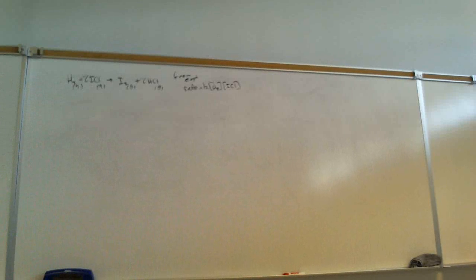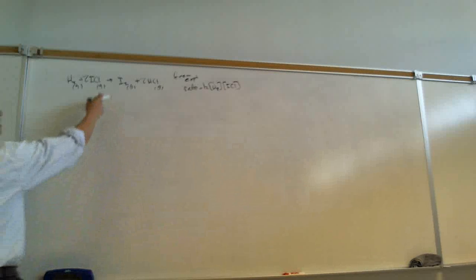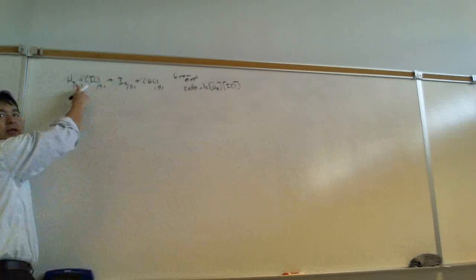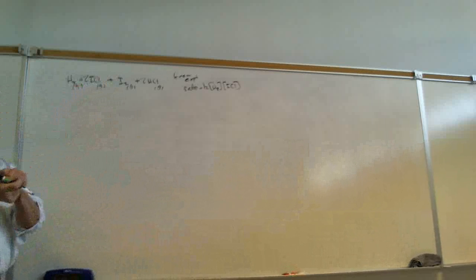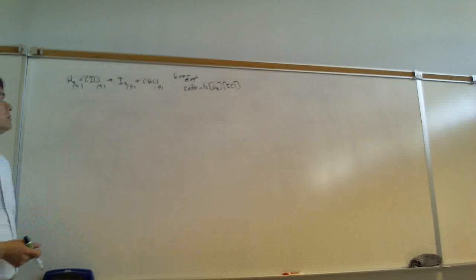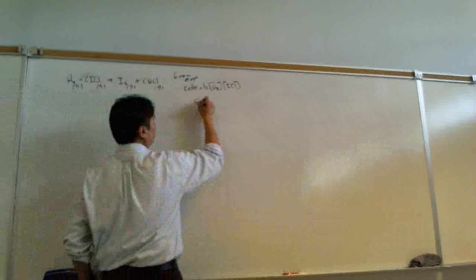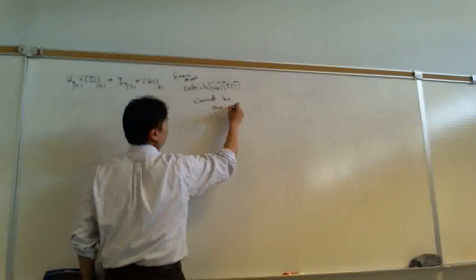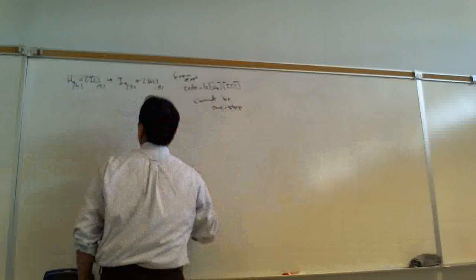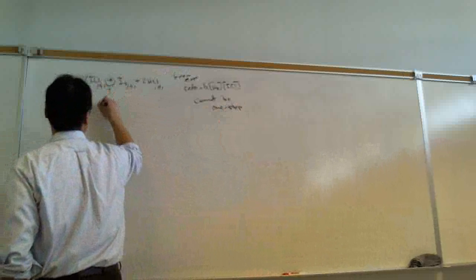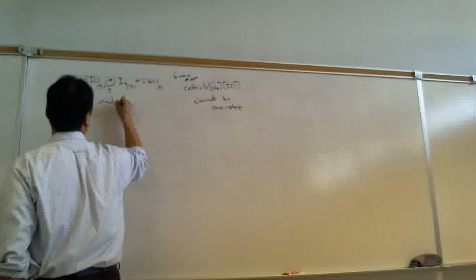No, it can't, because if this were one step, then it should be [ICl] squared. We need these three molecules to collide in sync. And so this means that it cannot be one step. And so that means there are multiple steps here.